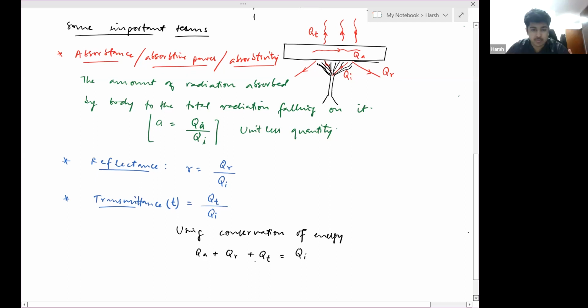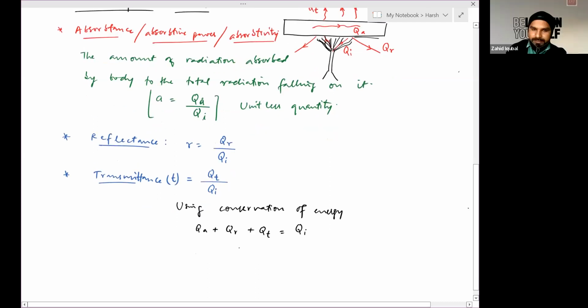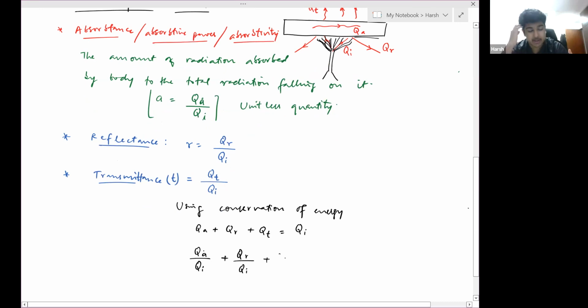Now, if you divide this entire equation by Qi, you get Q absorbed by Qi plus Q reflected by Qi plus Q transmitted by Qi equals 1 on the right hand side.